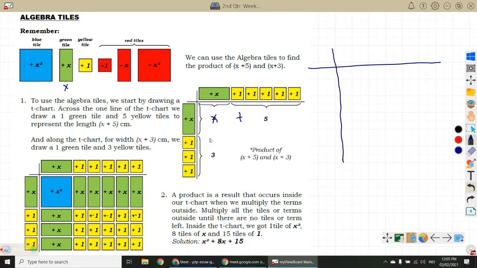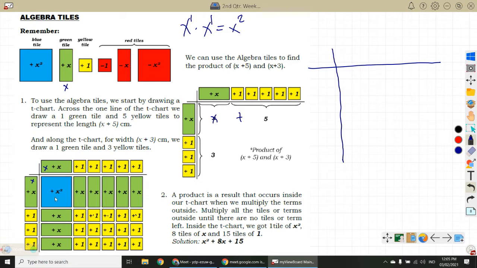So, when we multiply, we find the product, as if you're going to use yung ating multiplication table. So, x times x, and this x times x, is represented by x squared. Kung naaalala nyo, x times x becomes x squared.